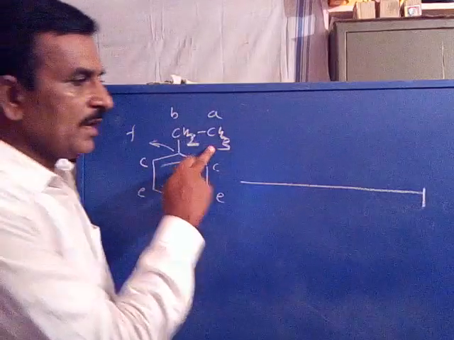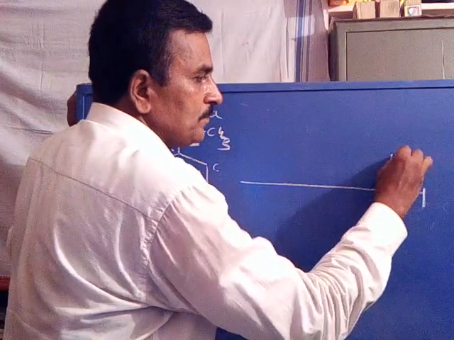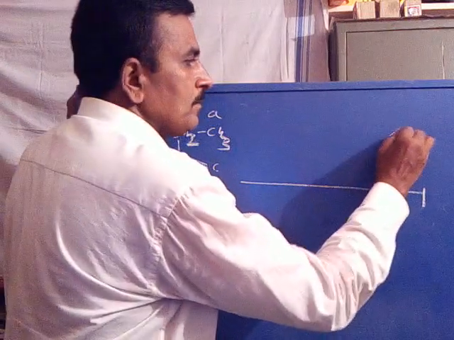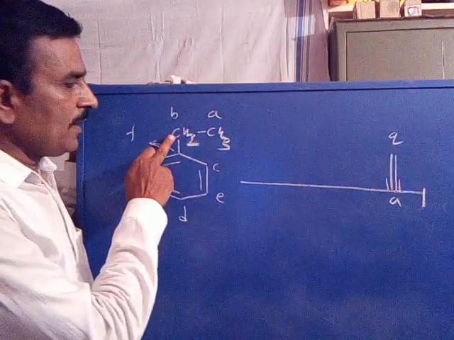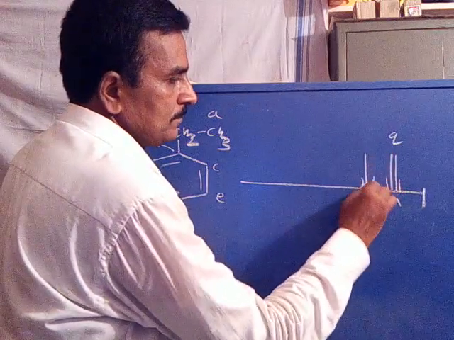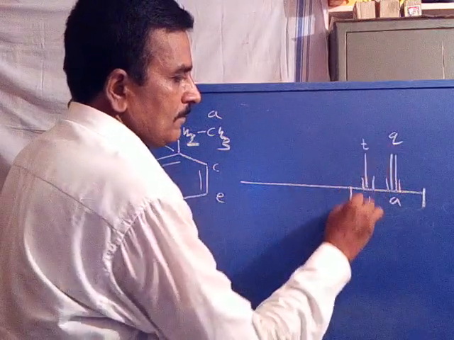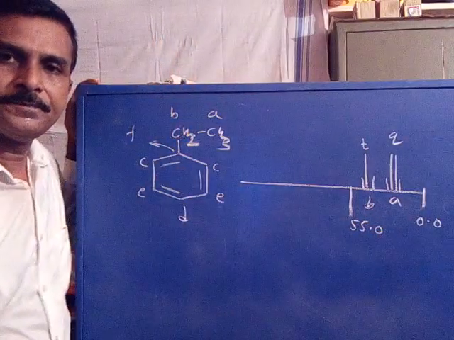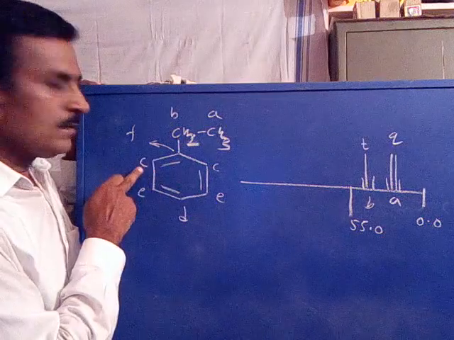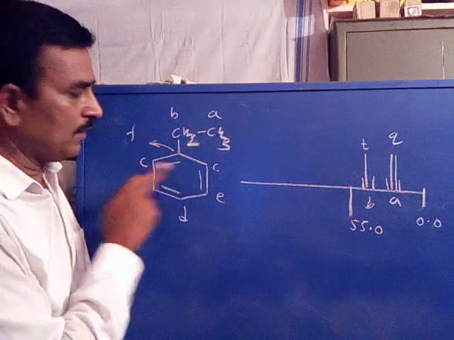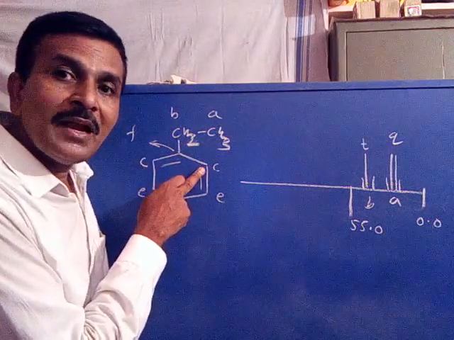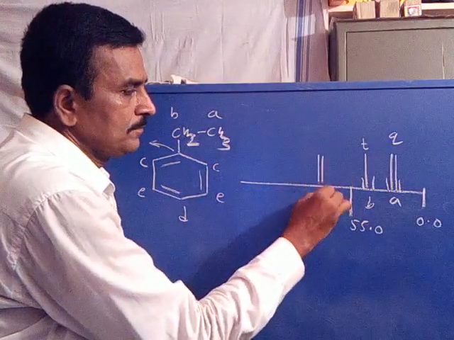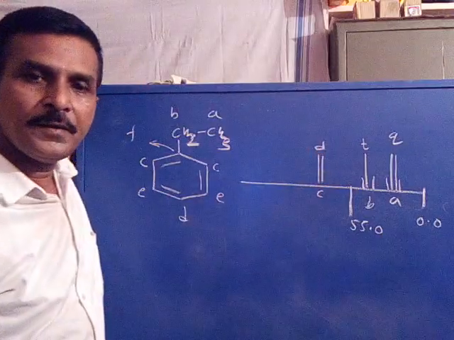The first carbon signal appears as a quartet. A quartet, B triplet. Now C carbon corresponds to a CH carbon. So C carbon is attached to 1 hydrogen, therefore appears as a doublet, C doublet.